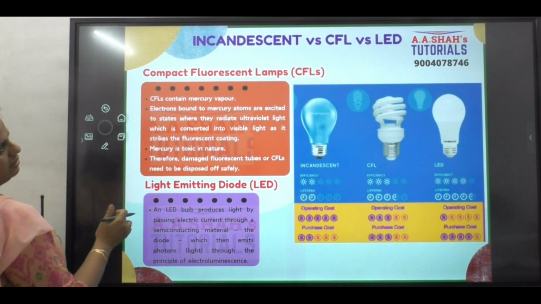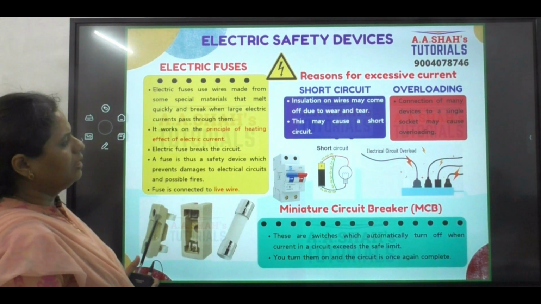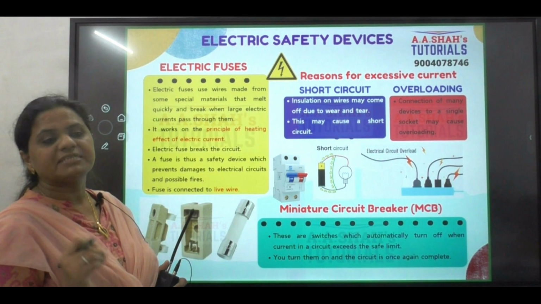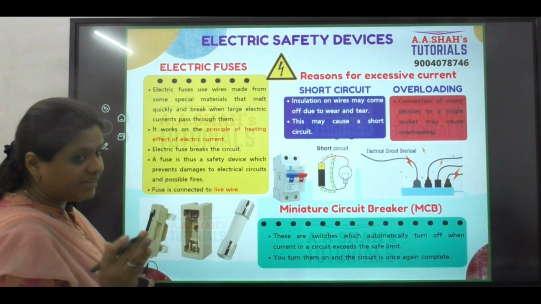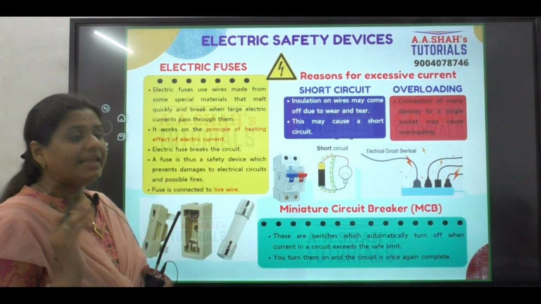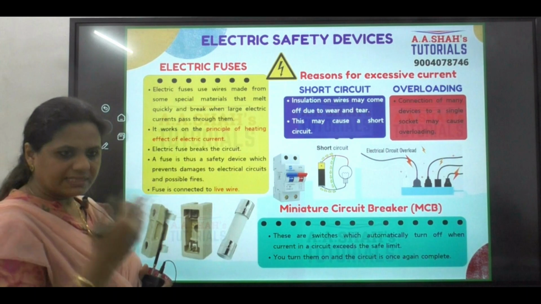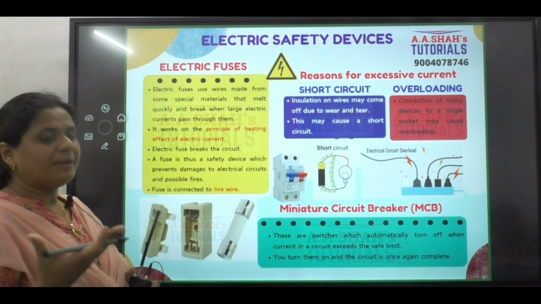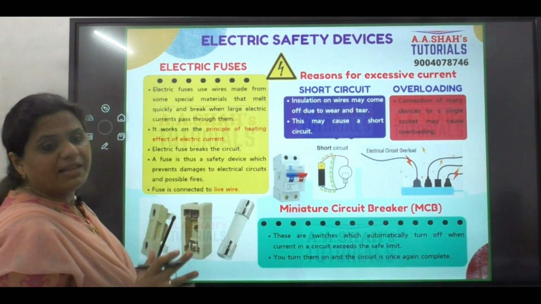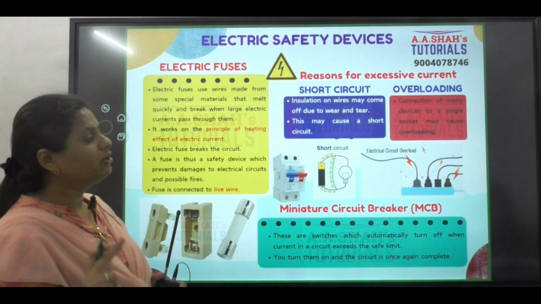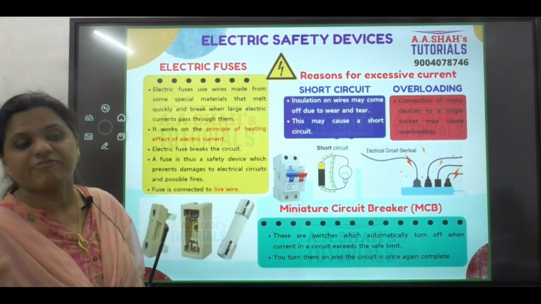So, incandescent bulbs, CFLs and LEDs. Lastly, you should also know about safety devices which are required, because when you are dealing with electricity, if there is high electric current flowing through a device or through the entire circuit connection in a particular premises, be it a house, an office, an institute, what will happen is short circuit or overloading, which may result in electric fire.